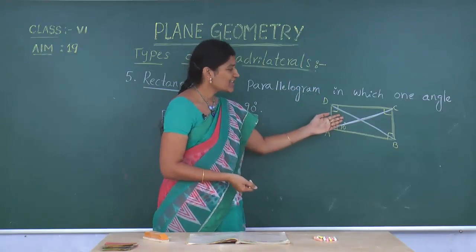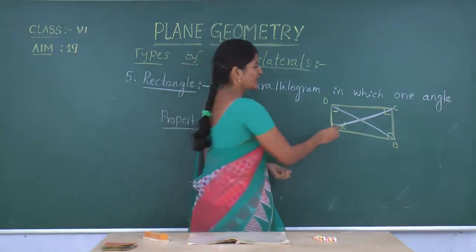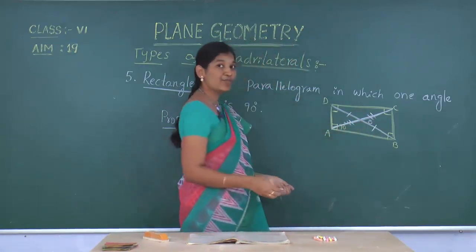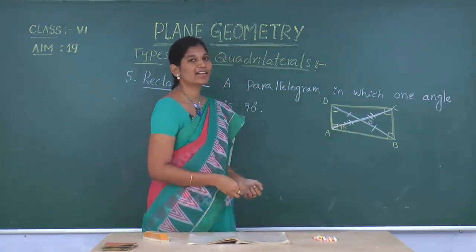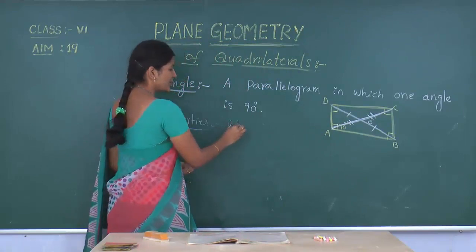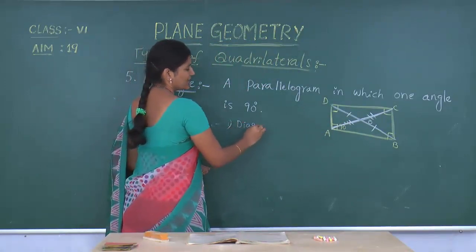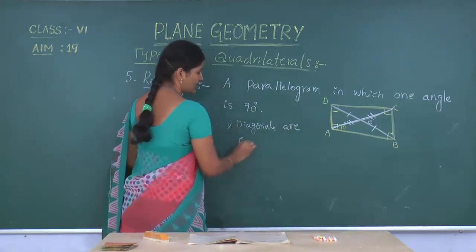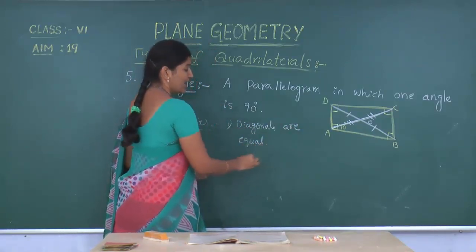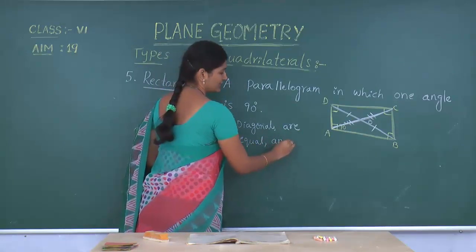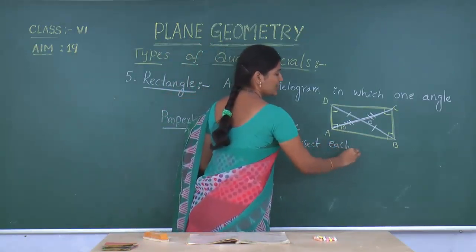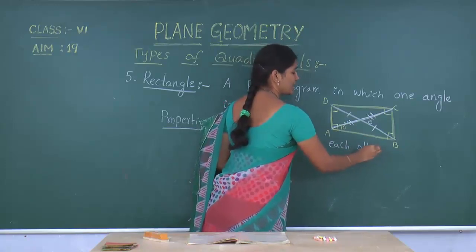So here diagonals bisect each other. Moreover, here diagonals are equal. The first property is diagonals are equal and bisect each other like a parallelogram.